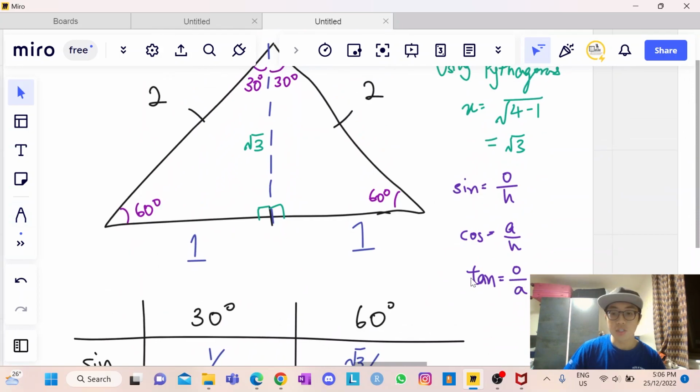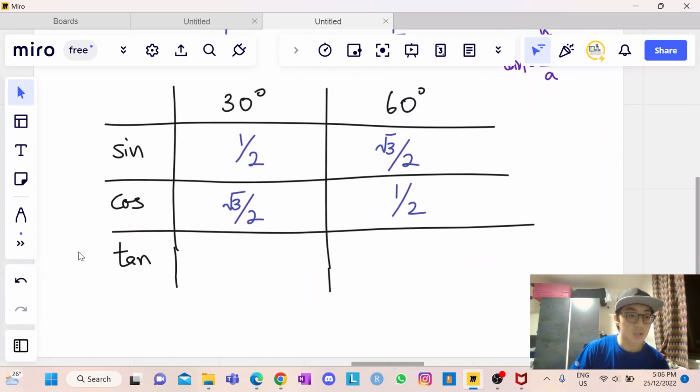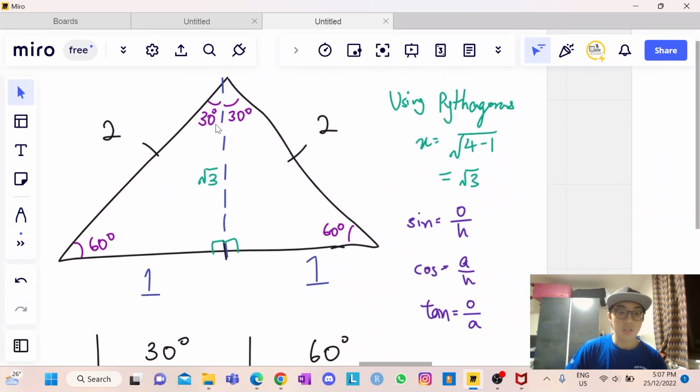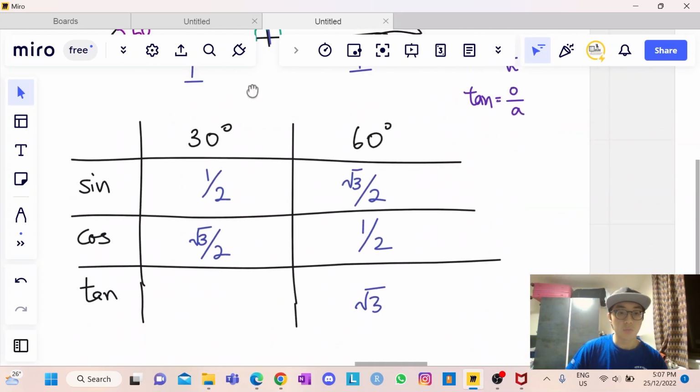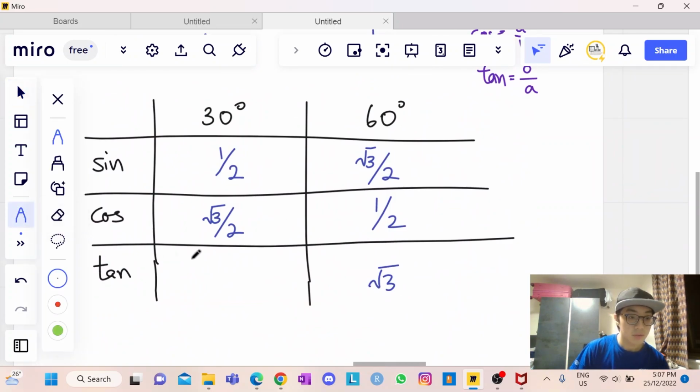So tangent is equal to opposite over adjacent. So tangent 60 is just going to be root 3. And tangent 30 is equal to opposite over adjacent, so it's 1 over root 3.